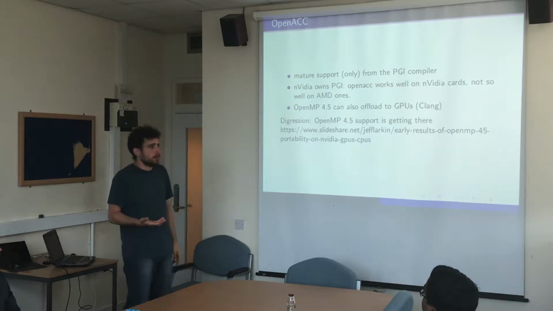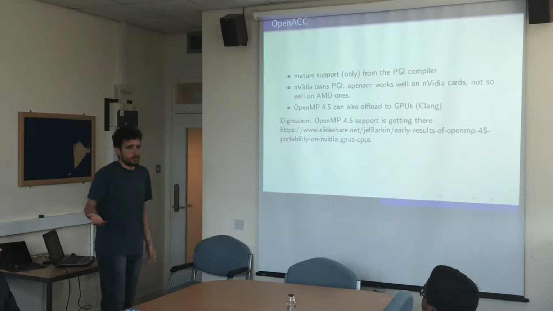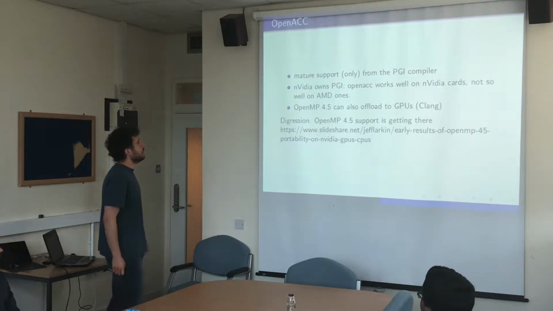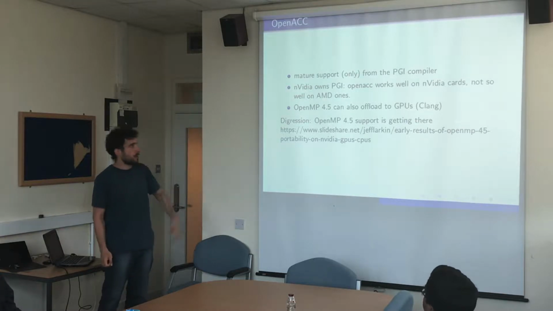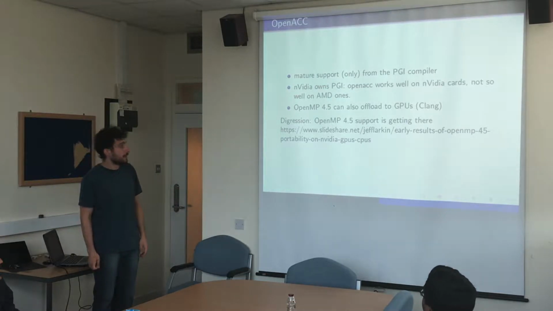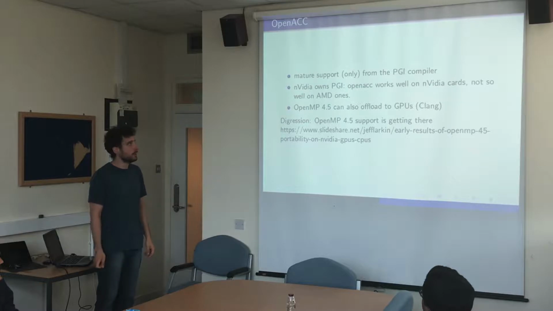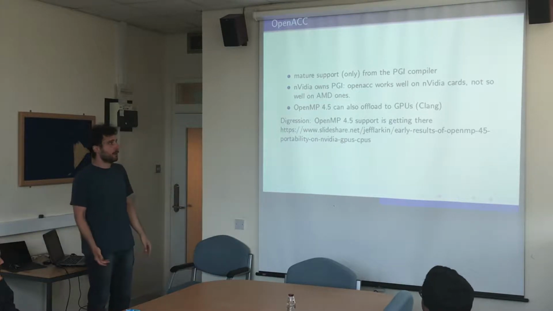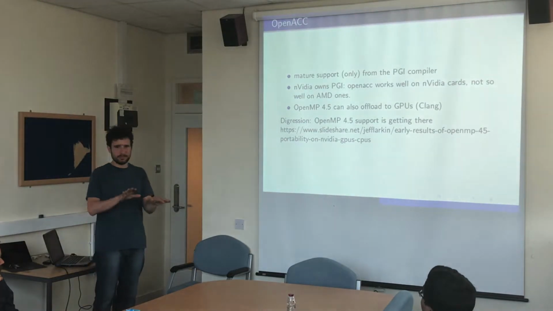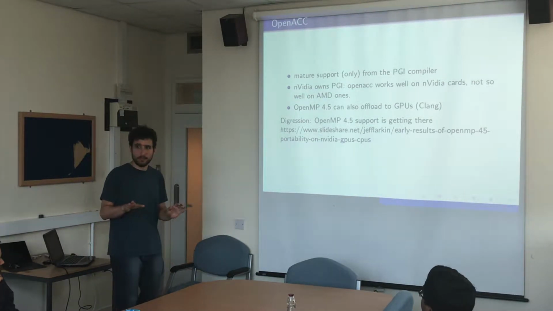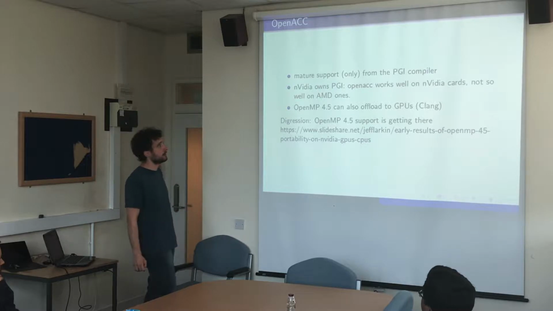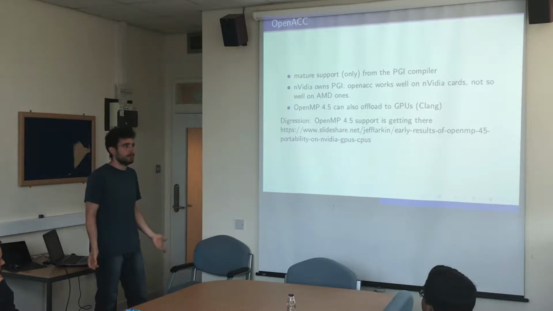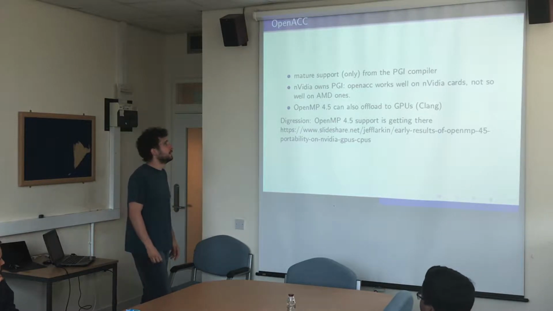So we tend not to use it because the reason why you go to GPU is to get performance. If you don't get performance, and also, as you possibly have already read, NVIDIA bought PGI some years ago. So as a result, OpenACC works very well on NVIDIA cards, to the same level of CUDA I think, for some things, for simple kernels at least. But for AMD ones, our experience is that it doesn't work so well.